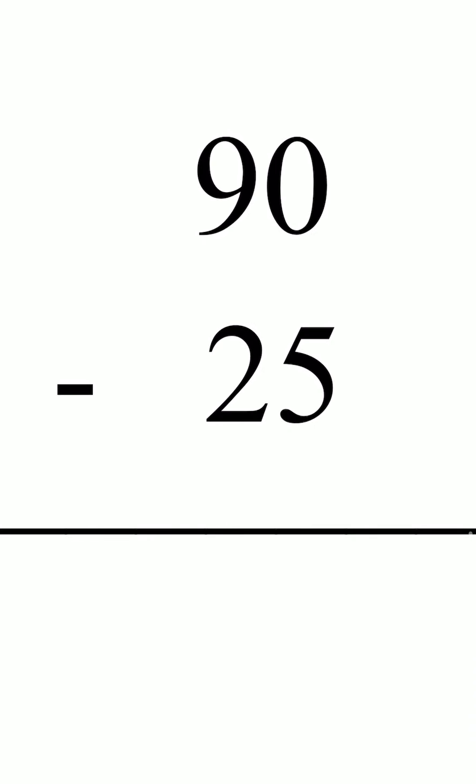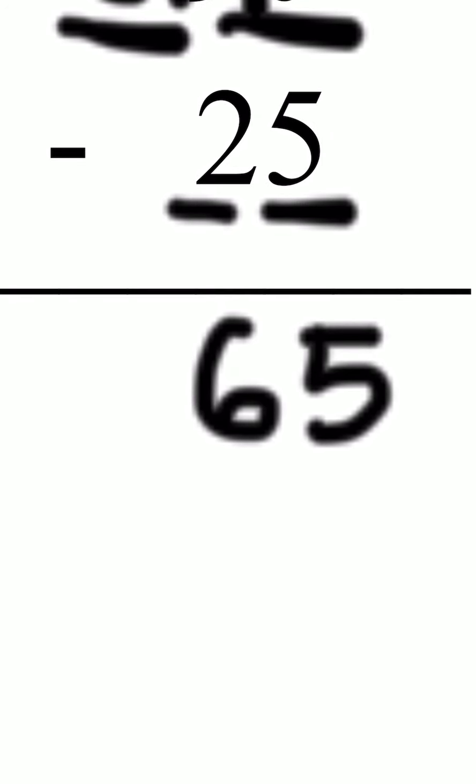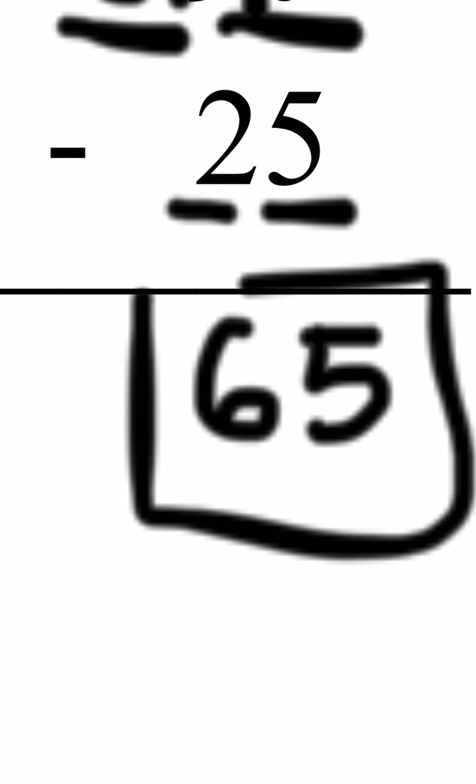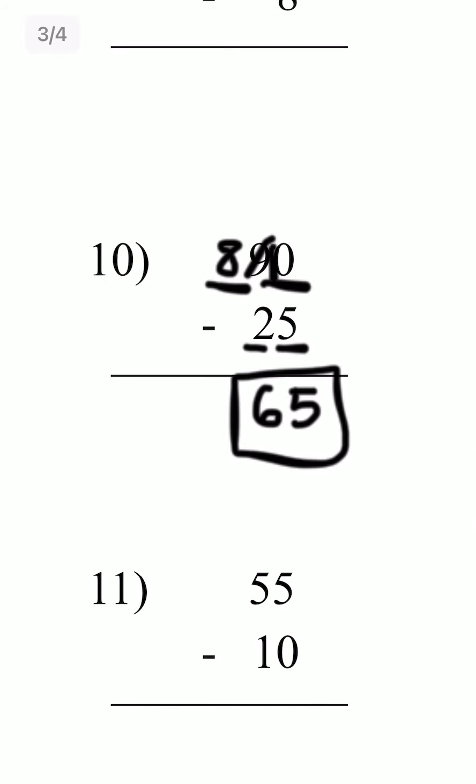For number 10, we need to do 0 minus 5, but since 5 is greater than 0, we need to borrow from 9. So 9 would change to 8, and 0 would change to 10. And 10 minus 5 is 5, and 8 minus 2 is 6. So 65 is the answer for number 10.